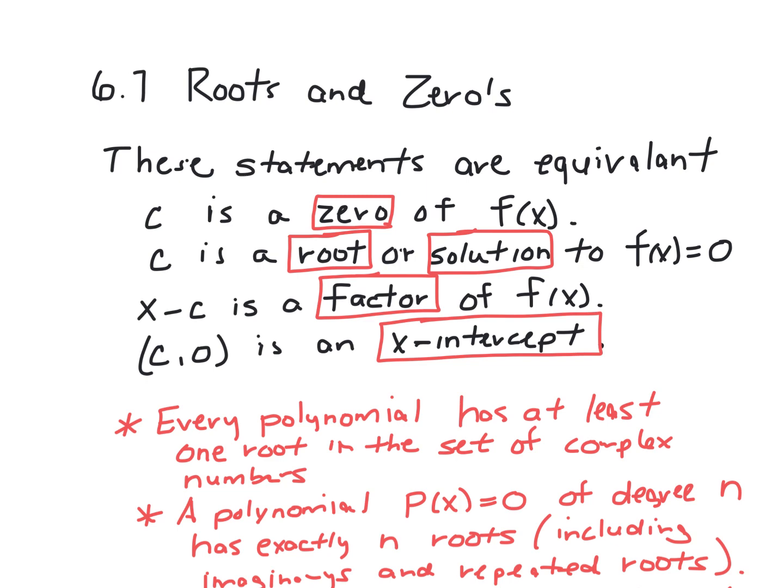So basically these terms are very interchangeable: a zero of the function, a root or a solution to the equation, a factor of the function, and an x-intercept of the graph.